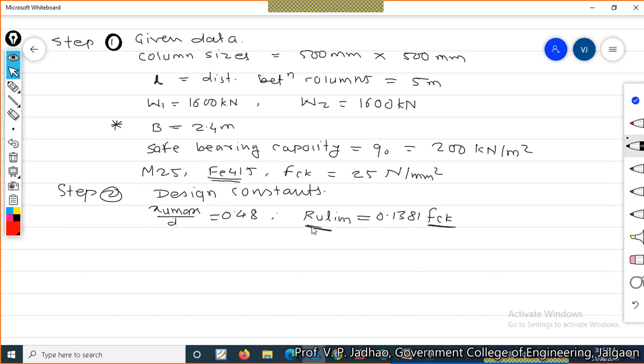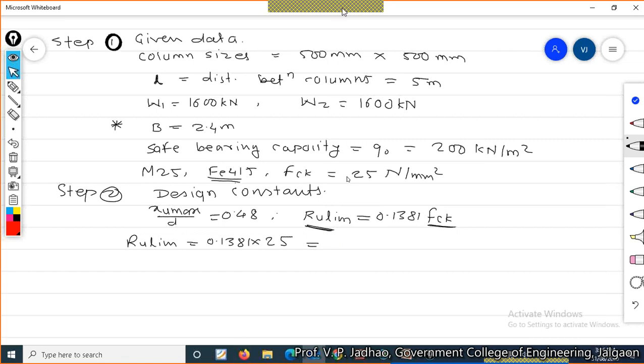Just put the value of FCK in this equation, and we get the value of RU limiting. So RU limiting is equal to 0.1381 multiplied by FCK, that is 25. How much is this? I haven't calculated this.